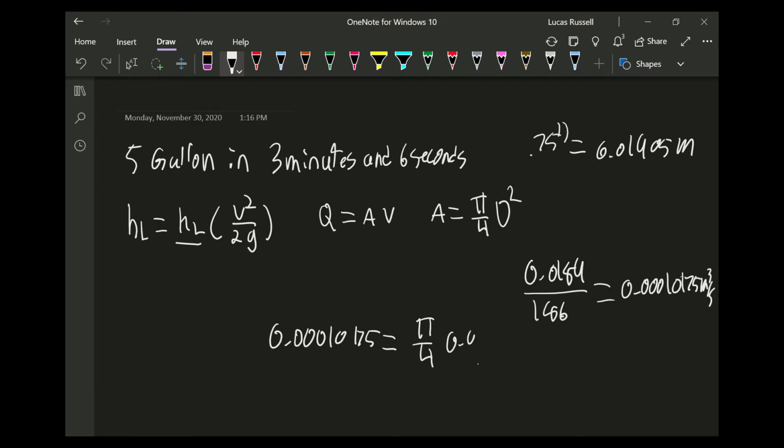So 0.01905 squared times V. V is 0.35702 meters per second. And now we can plug that into this head loss equation.